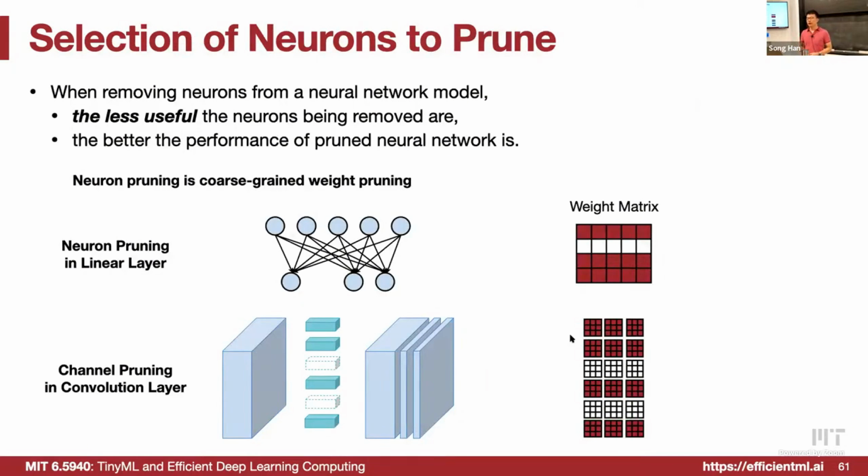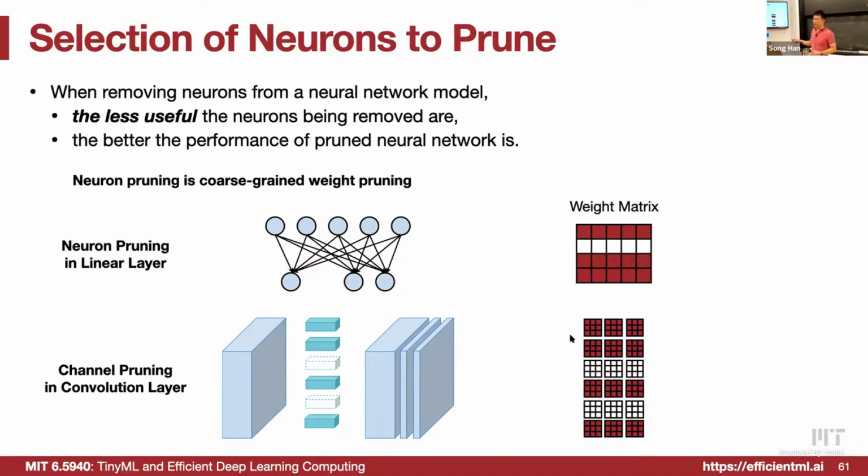Okay, so beyond the synapses, we can also prune the neurons. Removing the neurons and removing the synapses are very highly related. So removing the neuron is actually a very coarse-grained weight pruning.